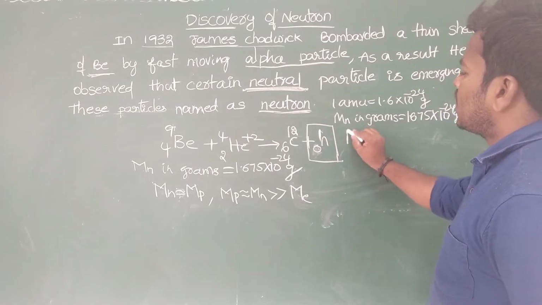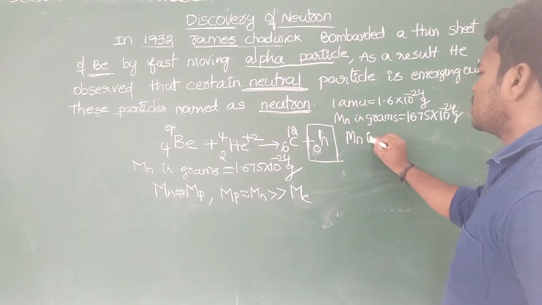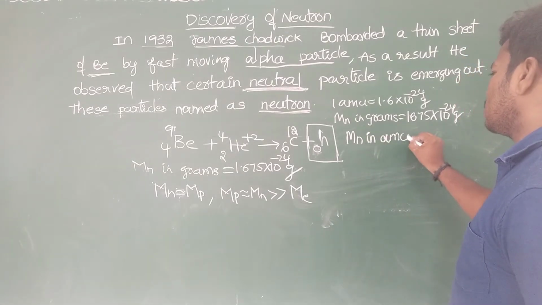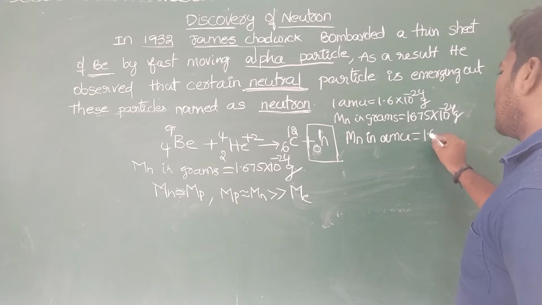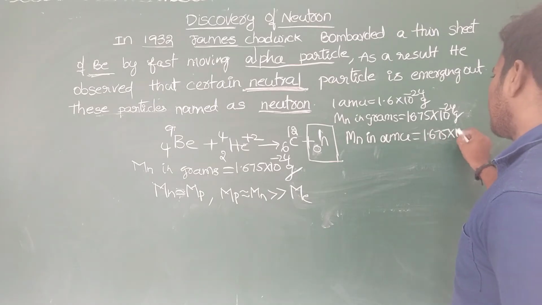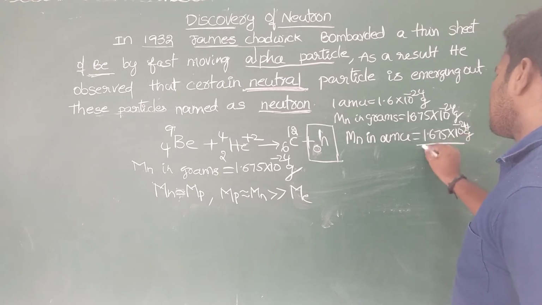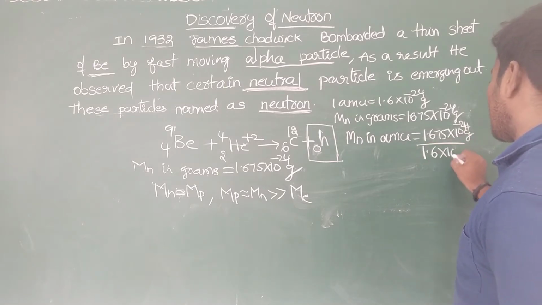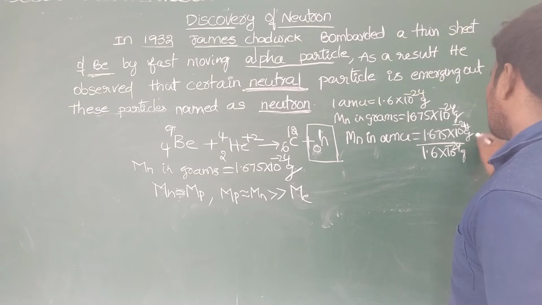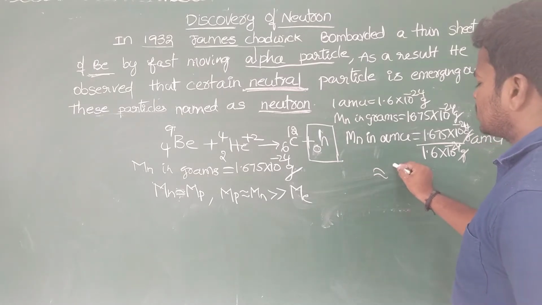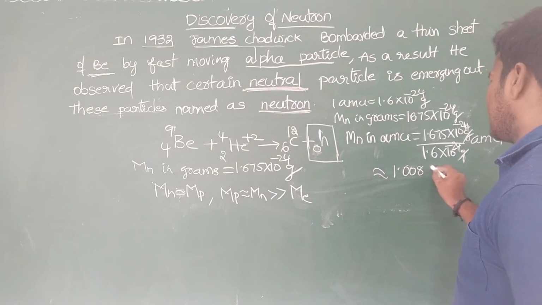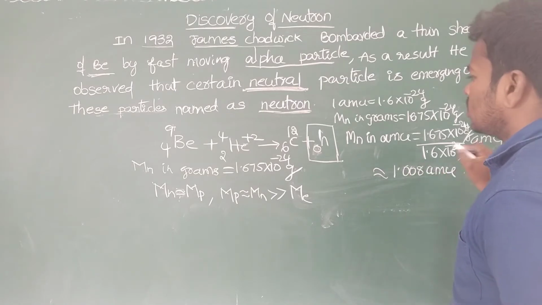We want the mass of the neutron in AMU. Mass of the neutron in AMU is 1.675 × 10^-24 grams upon 1.6 × 10^-24 grams. You will get the answer in AMU, approximately 1.008 AMU, atomic mass unit.